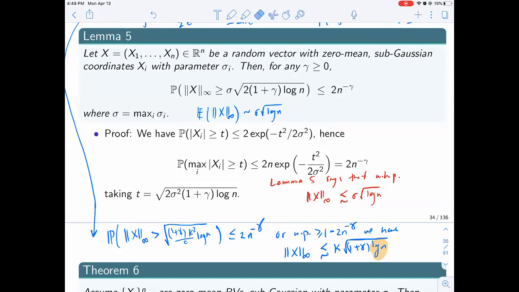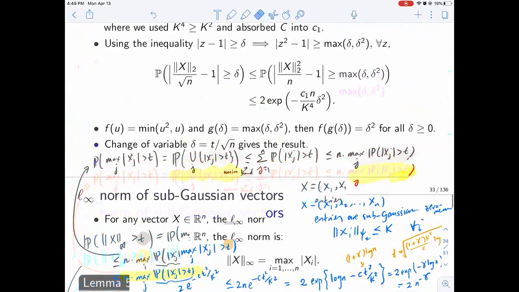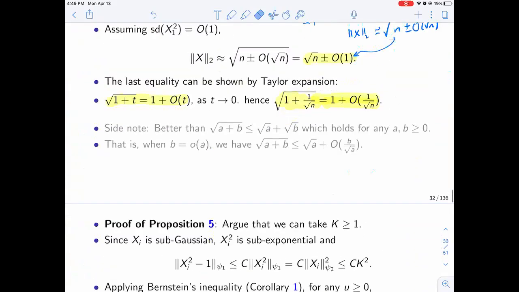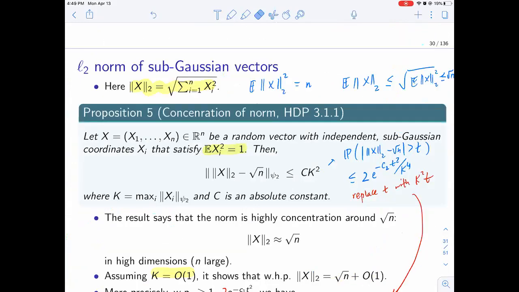The concentration result is saying that the two norms concentrate around root n, and this requires independence. The result that I was talking about, the infinity norm, is weaker, so it requires a weaker assumption. And the result is also weaker because it just shows that the infinity norm cannot grow faster than root log n.